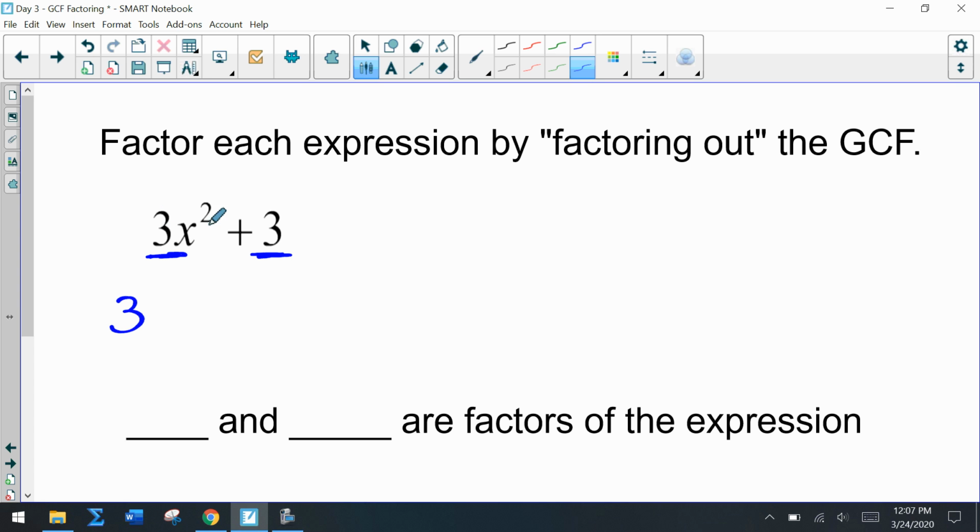So if I undid the multiplication, so factoring is undoing the multiplication or undoing the distributive property, we'd be left with another binomial. So when we divide 3x squared by 3, we get x squared. When we divide or undo multiplication by 3 here, we're left with 1. So we know that 3 and x squared plus 1 are factors of the expression.